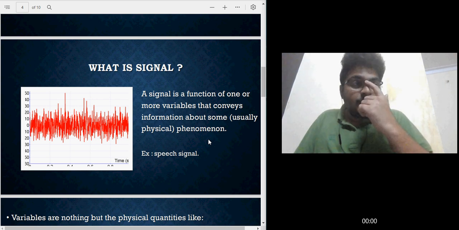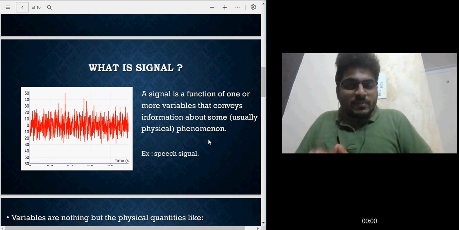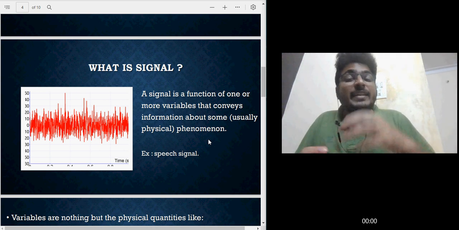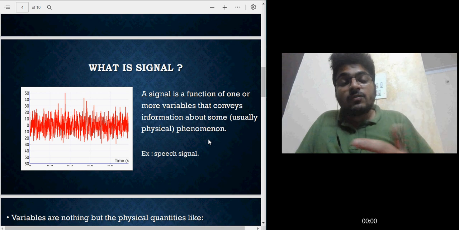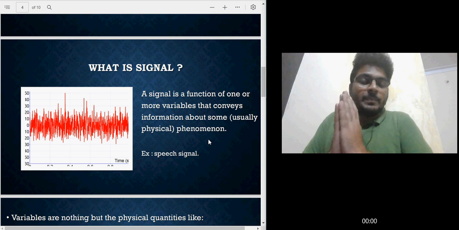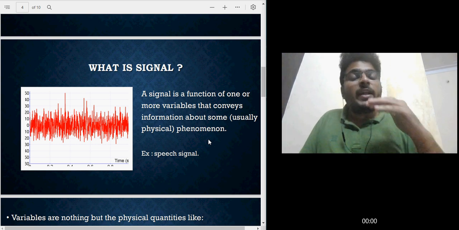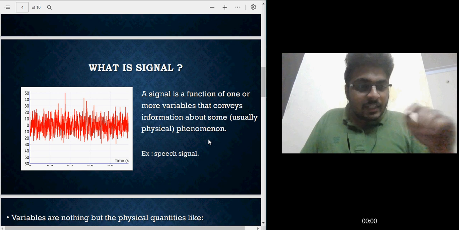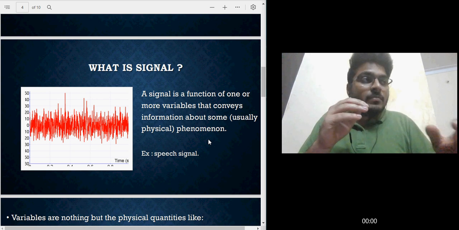Now by looking at the graph, what does it actually tell? The graph actually tells that my voice is being converted into some voltage form through a transducer. That is what this picture actually tells. Since I am talking with respect to time, whatever I am talking continuously, the same pulses are converted at the same time into voltage form.